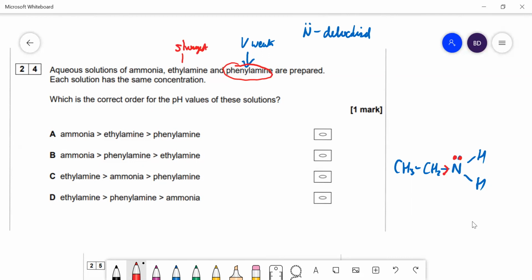Well, the highest pH is going to be the ethylamine, because it is the most basic. And then it's going to be the ammonia, next, medium. And this is going to be the lowest pH. It doesn't say, I would have thought it would be ascending order, but C is the only possible one. You can have that as descending order, going from the highest pH to the lowest pH. But that's the only possible alternative there.